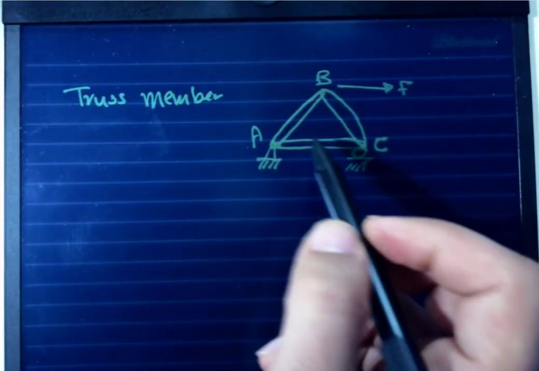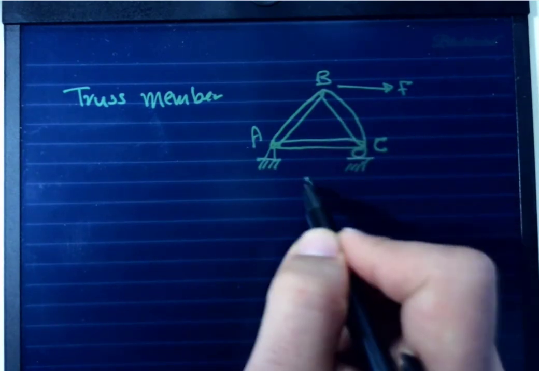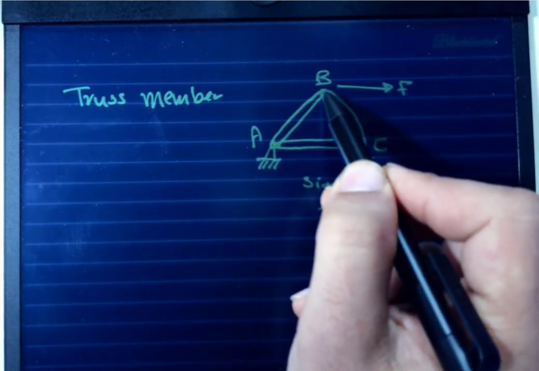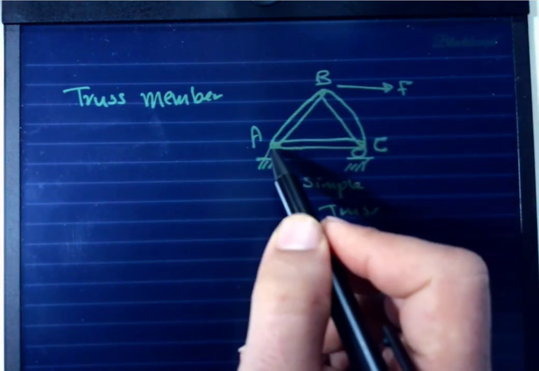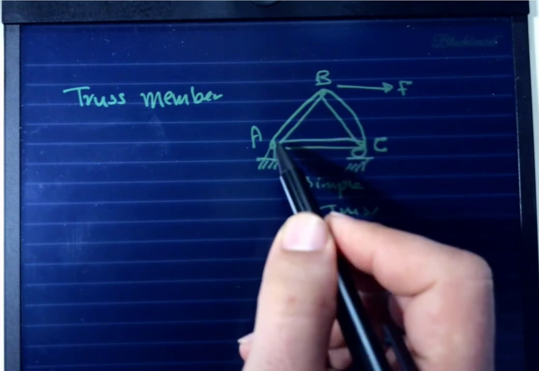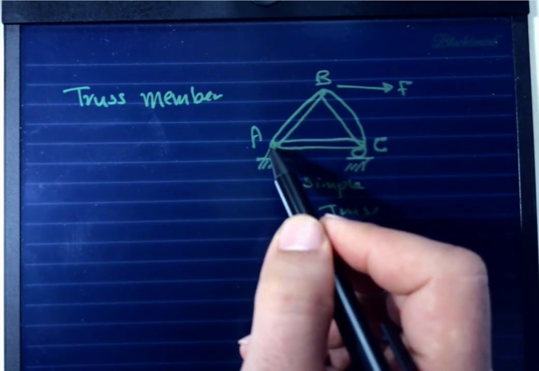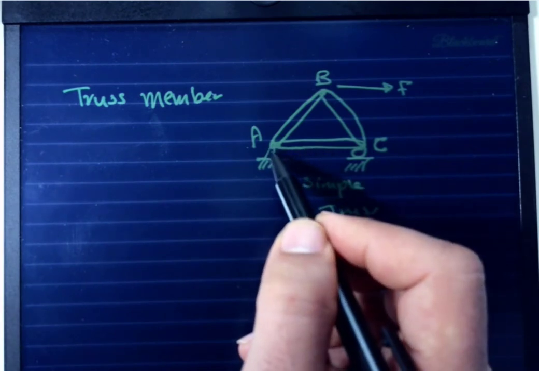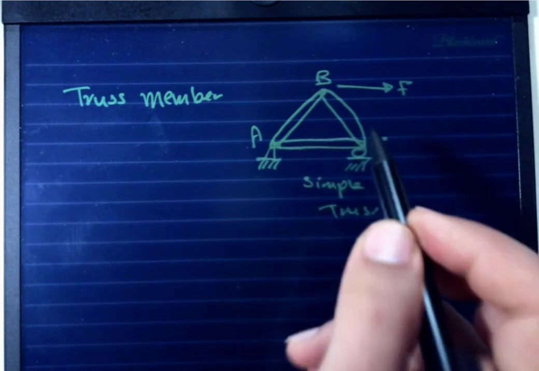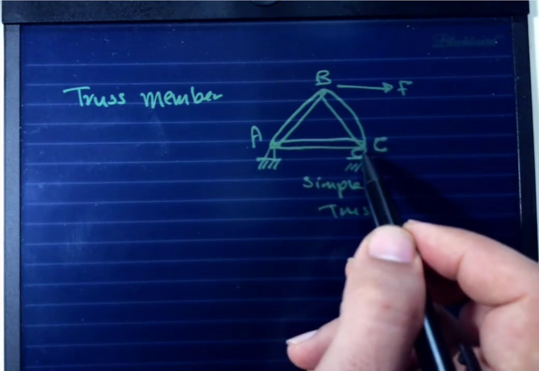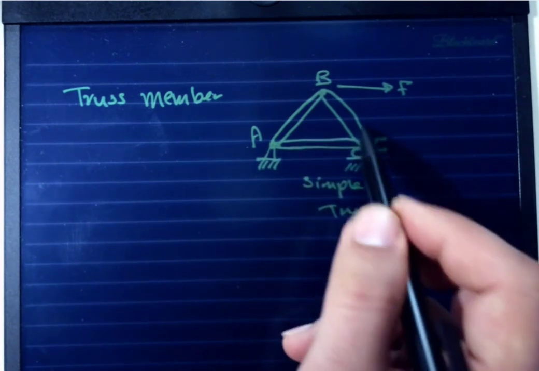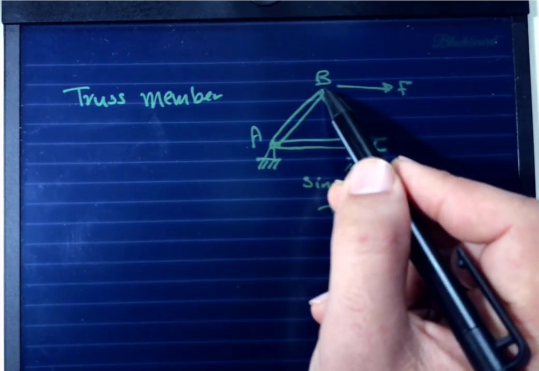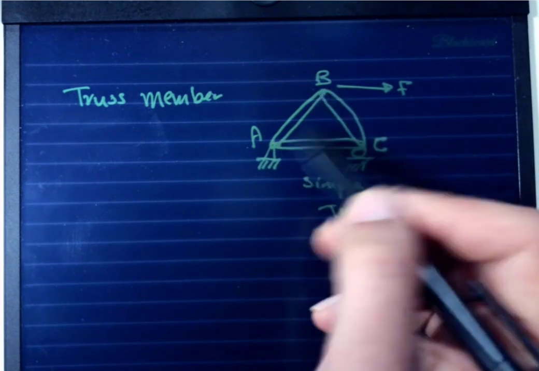This example involves a simple truss. We have only a force applied at the joint B. The simple truss is composed of three members, truss members we call them, because at A we have reaction force in X and Y, and at C we have only a normal force, upward or downward, depending on the loading, and we have a load at the joint B. There is nothing in between.